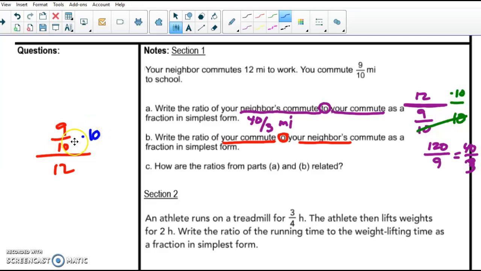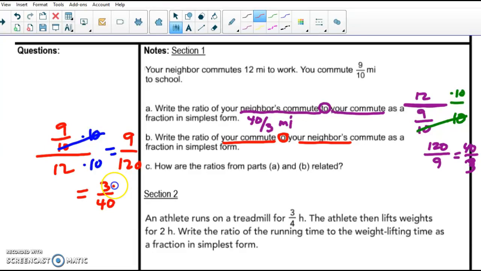If I need to get rid of that 10, I'm going to multiply by 10. Whatever I do on the top, I have to also do on the bottom. As I do that, those will cancel, and I'm left with 9 as the first term in my ratio and 120 as the second term. Again, I know that 9 and 120 can both be divided by 3, and I end up with a ratio of 3 to 40.